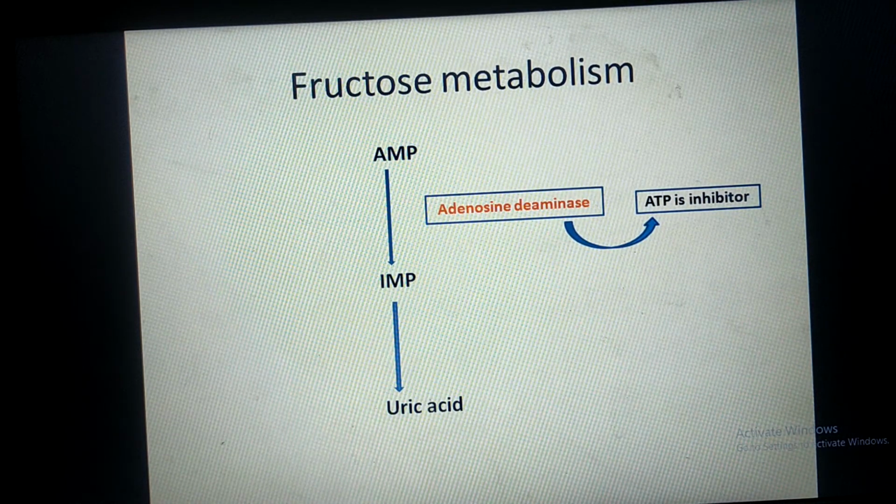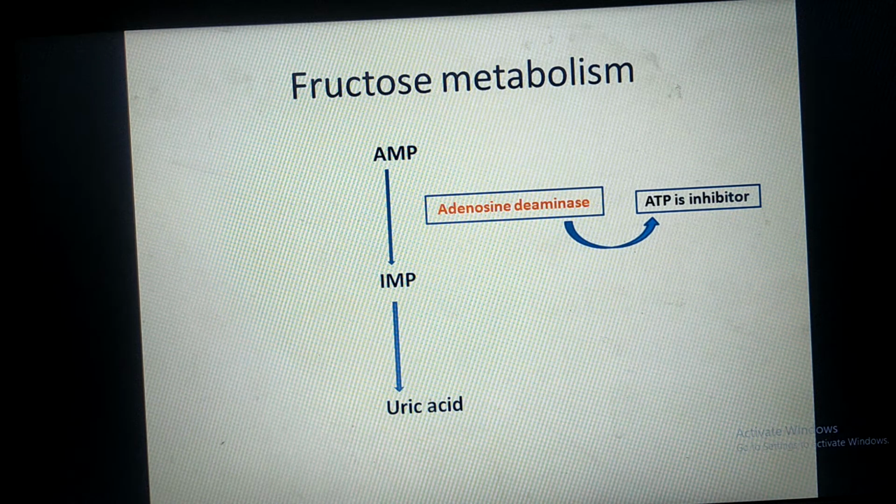Rapid utilization of fructose also increases the uric acid level of the blood. This uric acid, all of us know, is formed from breakdown of AMP. When there is deficiency of ATP, this ATP, which acts as an inhibitor of the enzyme adenosine deaminase, is lacking, and adenosine deaminase is the main enzyme required for the catabolism of AMP.